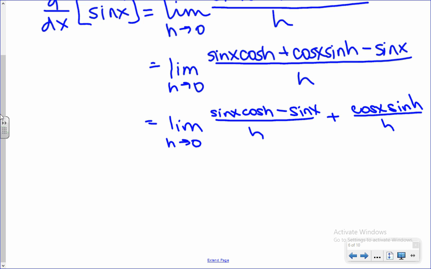Okay. So I rearranged and separated into two fractions. Okay. From here, we all can solve this together. What can I do with this first fraction right here? Factor out a sine of x.